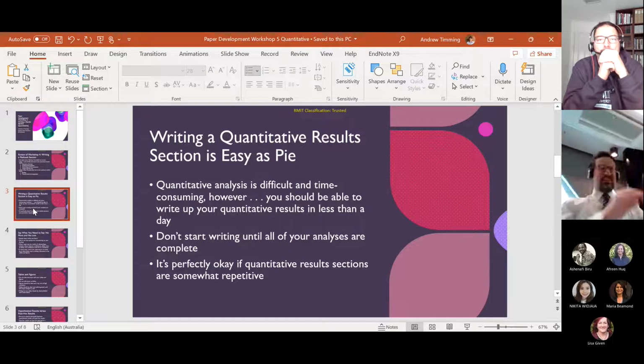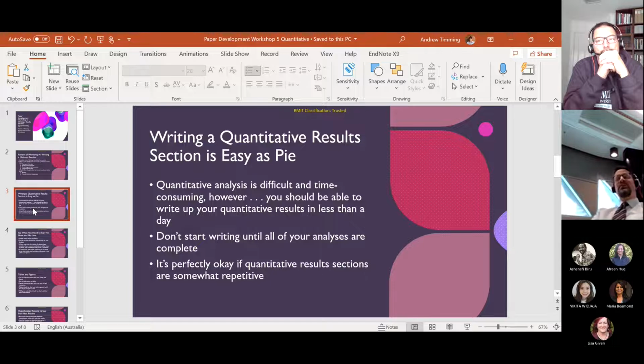I should qualify that by saying that statistical analysis is actually very difficult and very time consuming. To carry out your statistical techniques, there is a lot of time and effort involved.